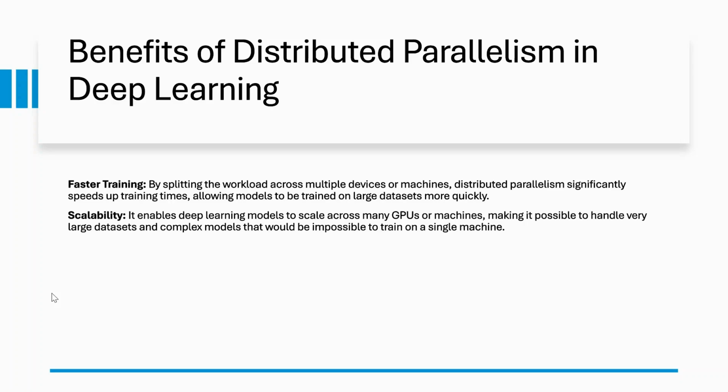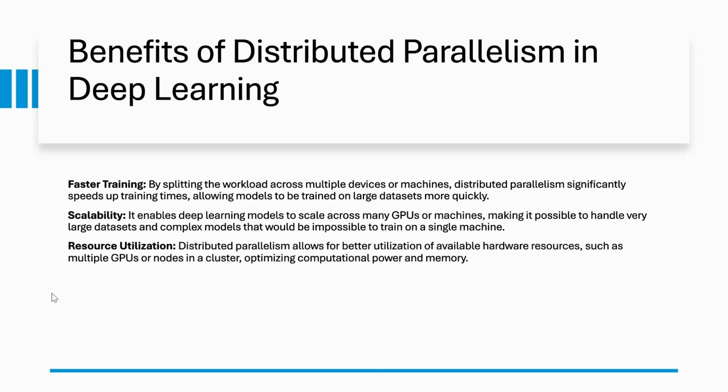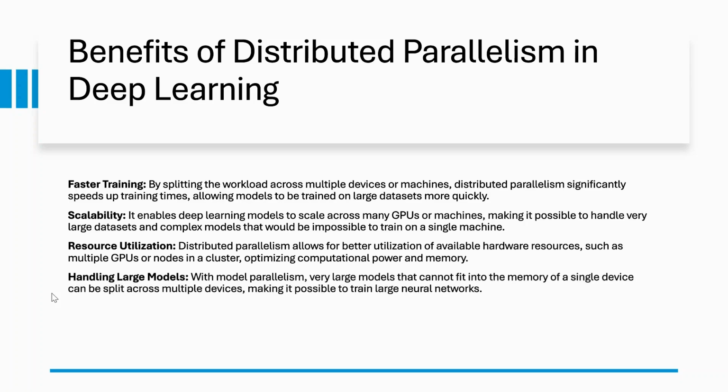Similarly, when we execute the task on a single dataset, we can later add multiple datasets and give them to multiple machines. In this way resource utilization is better, because we are not leaving any machine idle. We are giving some task to it, and it is executing that.